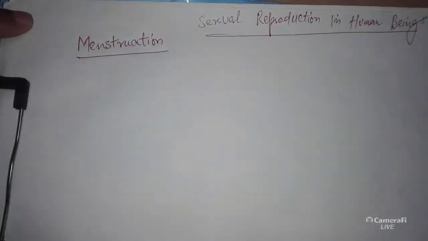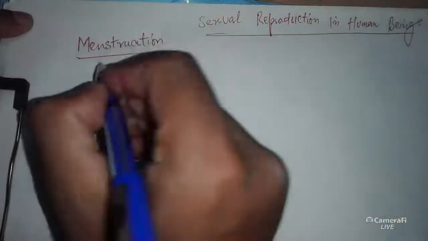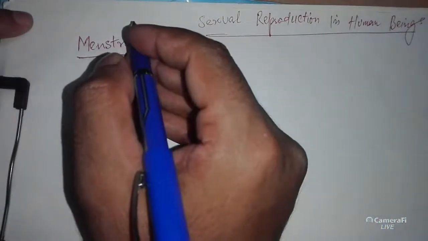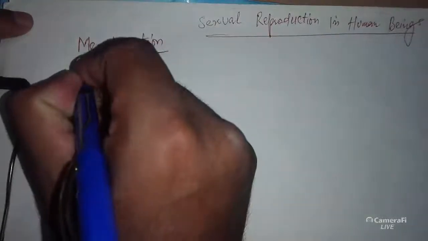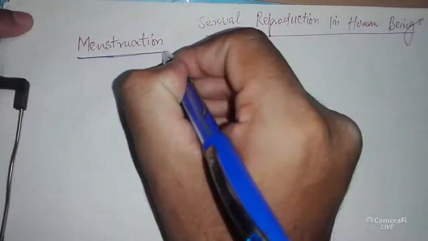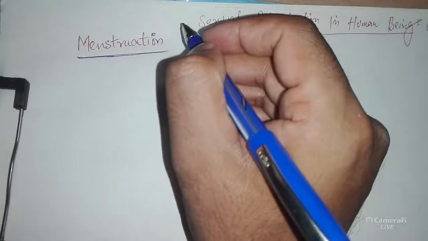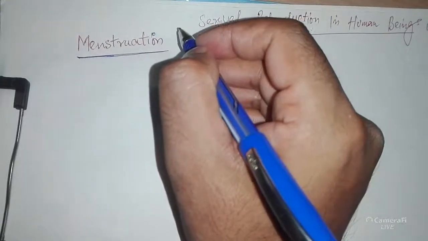Menstruation. So what is menstruation? Menstruation is one of the important characters which we see in the female reproductive system.